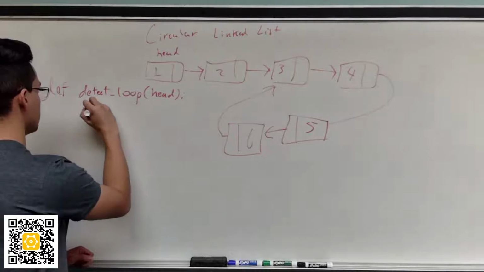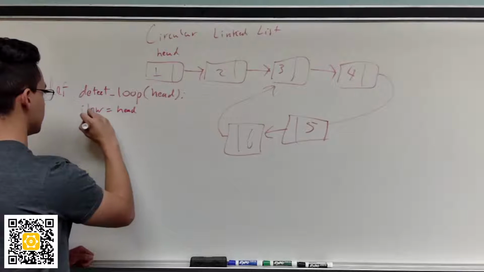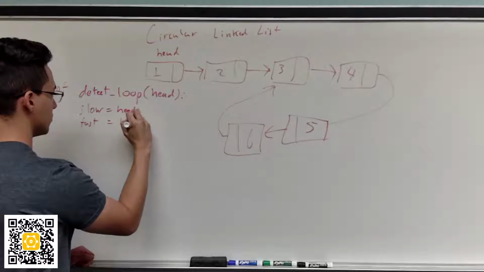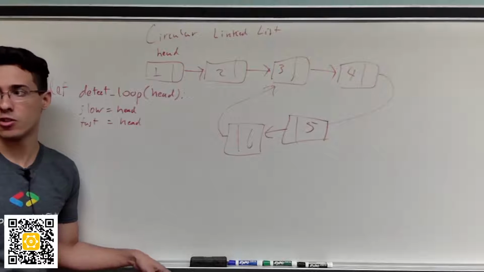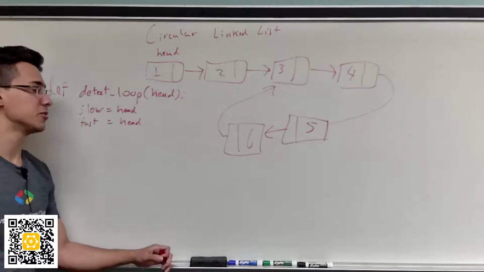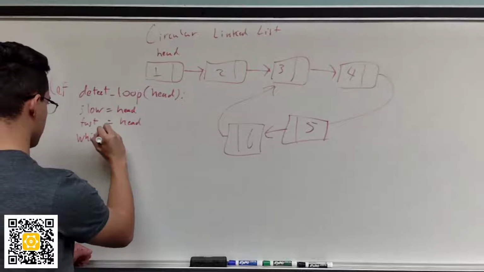Detect loop. So yeah, just do what we did before. So we have a slow and a fast. So this is a Boolean, right? We're detecting. So it's either there is a loop or there isn't a loop. And so we should do the same thing we did before.